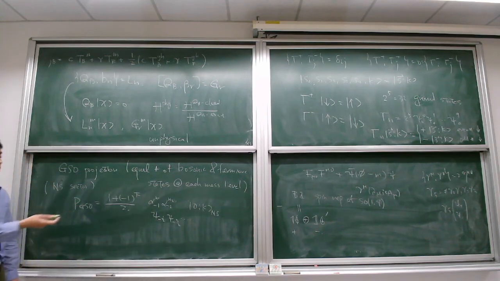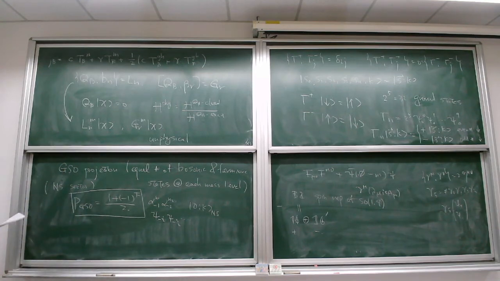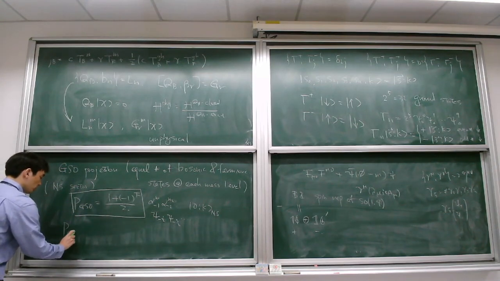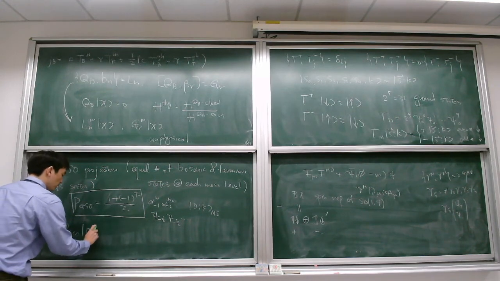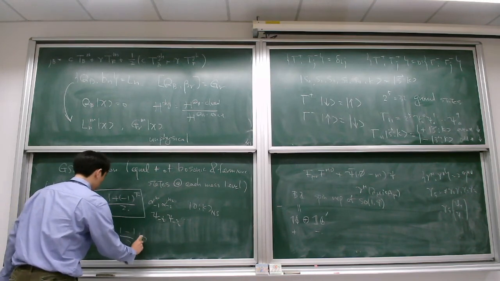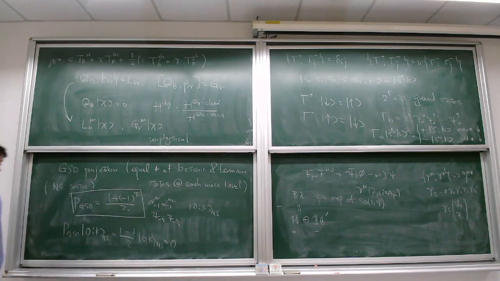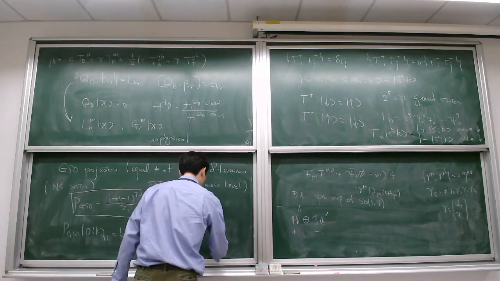That creates the Fock space of this NS sector, but first you have to impose this projection. For instance, if the GSO projection acts on the vacuum, which is a fermionic vacuum, then 1 minus 1 over 2 is 0, equals 0. So the GSO projection projects out the NS vacuum.